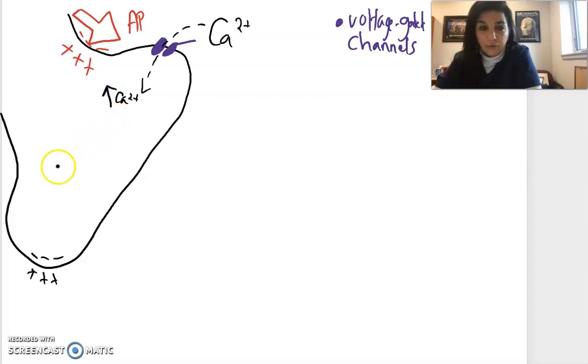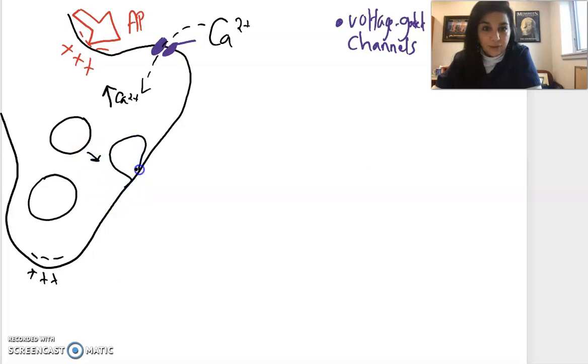When calcium levels rise, the vesicles inside the cell that are filled with a neurotransmitter come towards the membrane and fuse with the membrane and allow their content to spill out into the cleft.